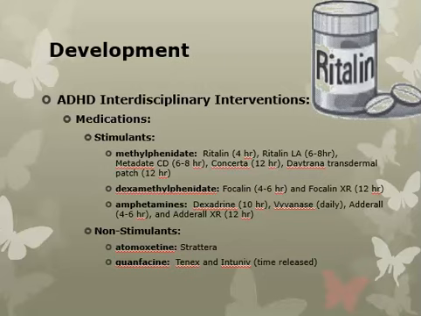It produces a stimulation in their central nervous system, but it increases the attention span in a child with ADHD. As far as the dexmethylphenidate, same type of thing. All right. You can see there the amphetamines.